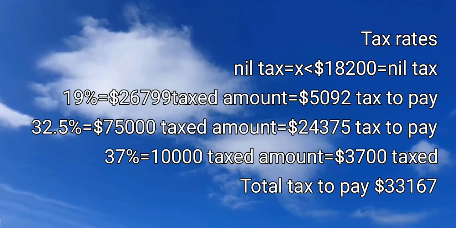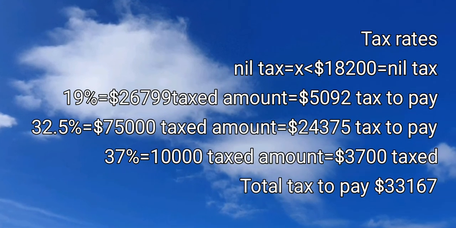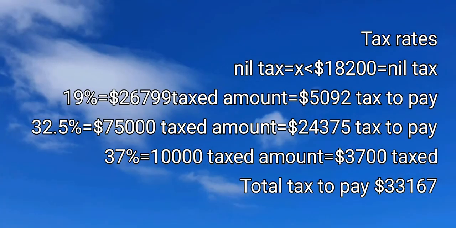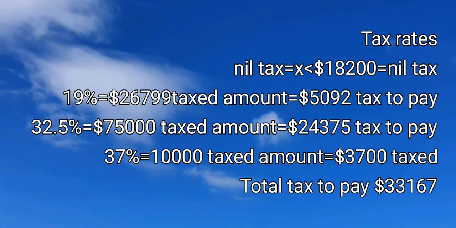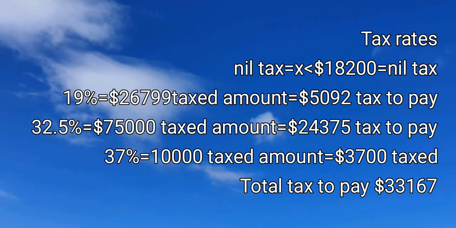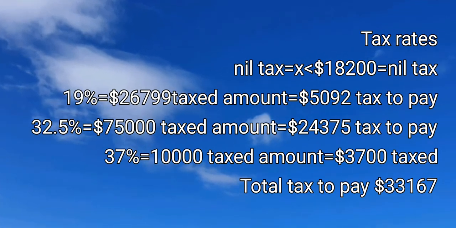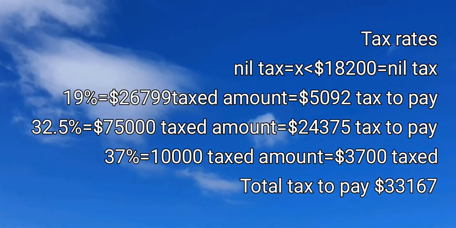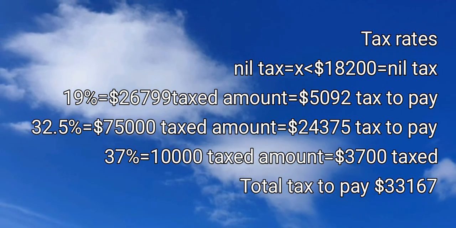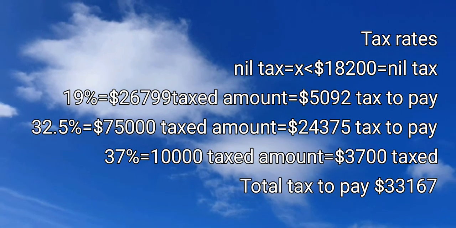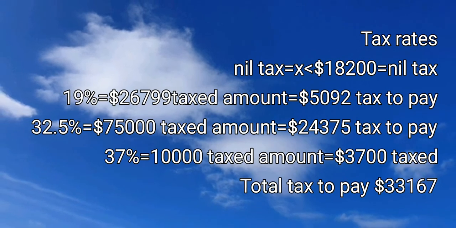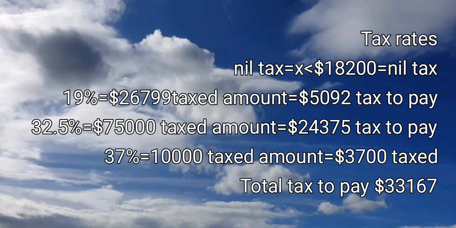And you need to apply the 19% tax, and that amounts to $5,092 that you need to pay. There's the 32.5% tax, that amounts to $24,375 tax to pay, and there's the 37% tax, and that amounts to $3,700.